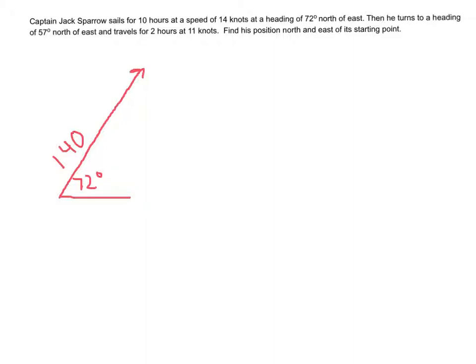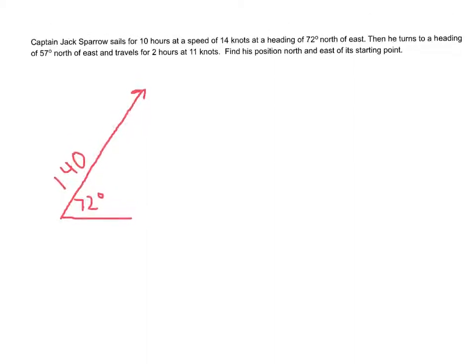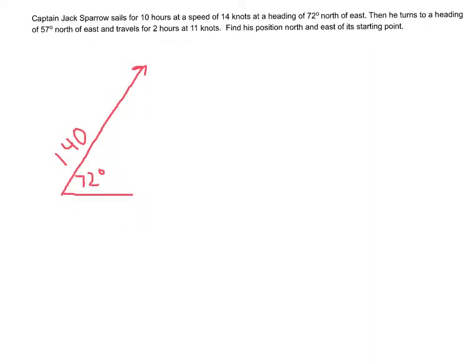And then once there, he turns and heads 57 degrees north of east for 2 hours at 11 knots. So he's going to turn and go at less steep of an angle for 22 nautical miles. And this angle here is 57 degrees, believe it or not, based on my picture.